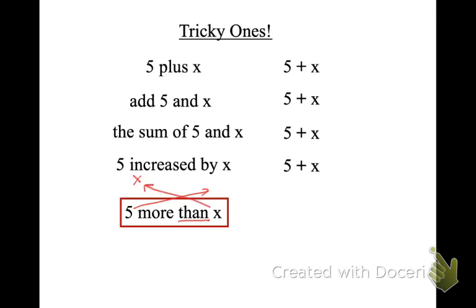So it becomes x, 5, and more than means plus, so the way we translate that is x plus 5. Whenever you see than, we're going to crisscross the terms. The second term is going to be written first, the first term is going to be written second.